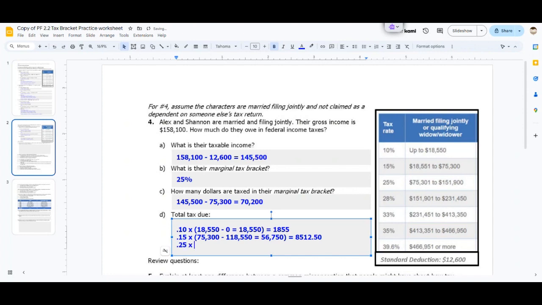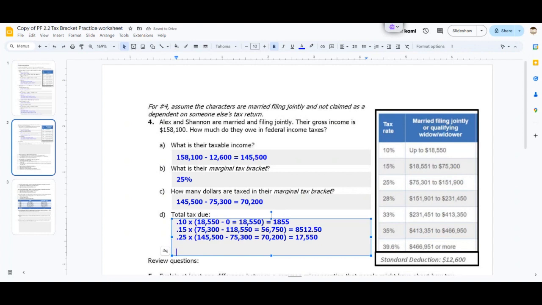And then finally, 25% of all the rest of the dollars. It goes up to 151,900, but their taxable earnings capped at 145,500 minus the dollars from the previous brackets. So we're subtracting those out so they're not taxed multiple times. That leaves us with 70,200, just like we calculated in Part C. So 25% of 70,200 is 17,550.